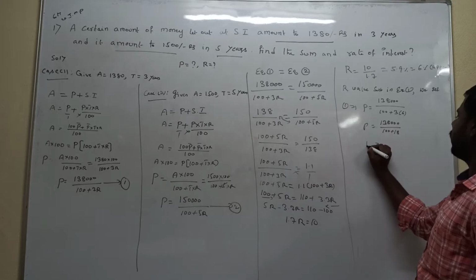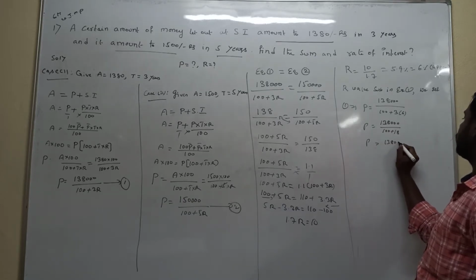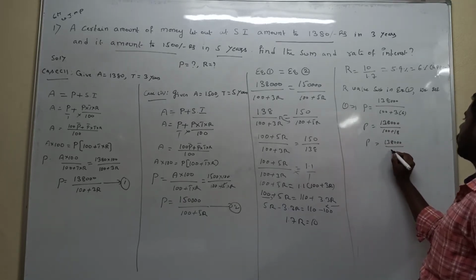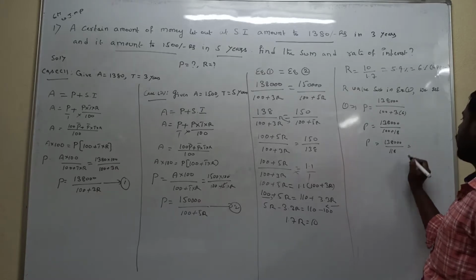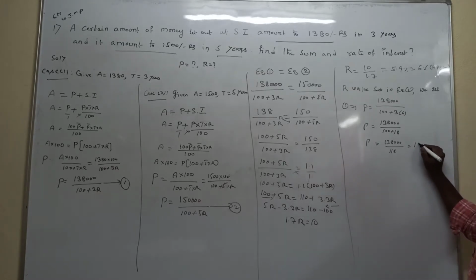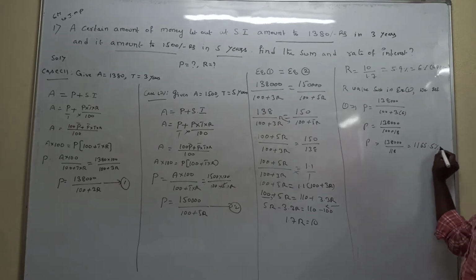So that is 138,000 divided by 100 plus 18, which is 118. This value is nothing but 1,169.5. This is the principal amount.